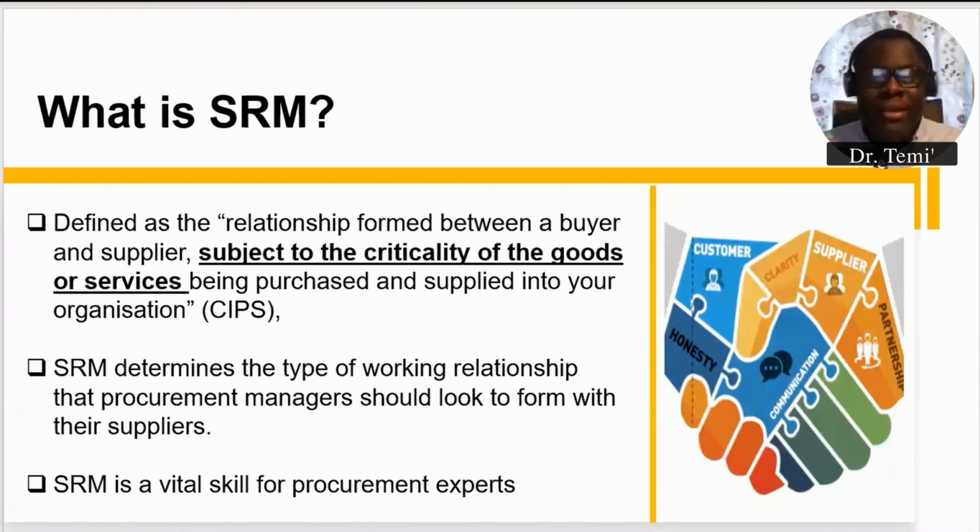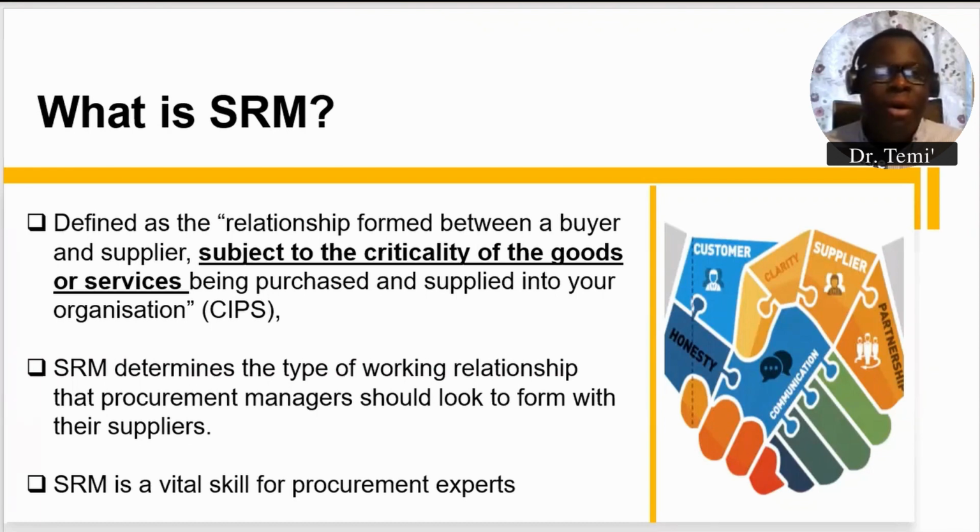What this means is that the organization will decide to choose the type of suppliers that they want to develop a relationship with. This also suggests that you don't need to develop a relationship with all the suppliers in the organization. That might not be efficient, especially when you have a pool of organizations that you want to deal with as suppliers.